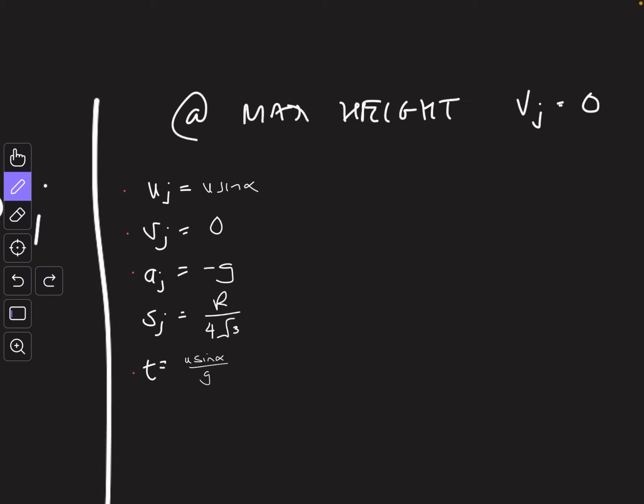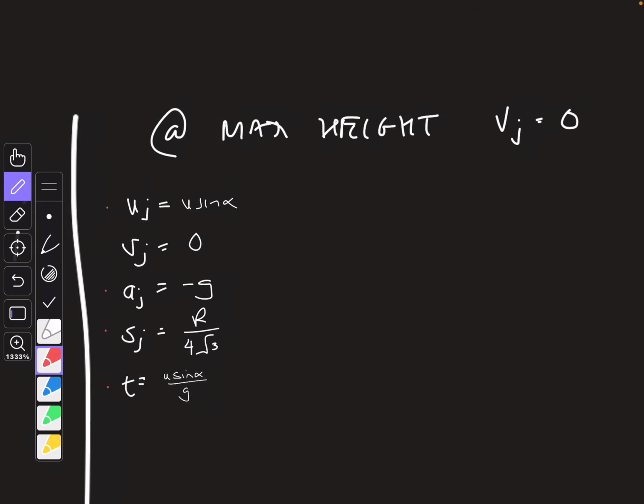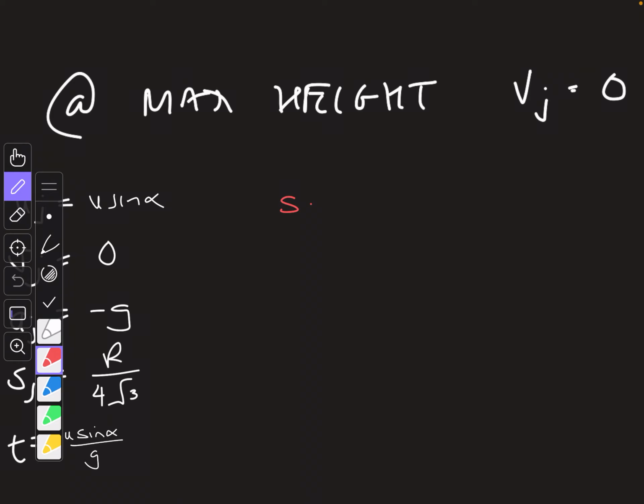So I'm going to instead use s equals ut plus half at squared. So I'll get rid of these dots that I made here, and I'm going to use s equals ut plus half at squared.